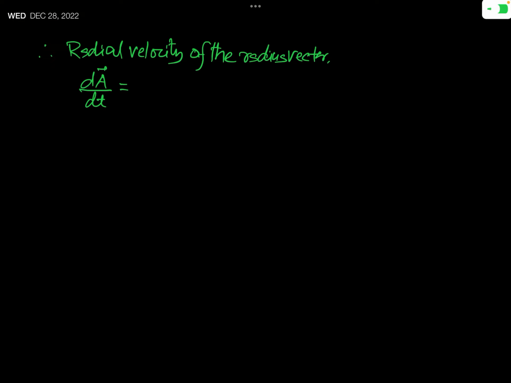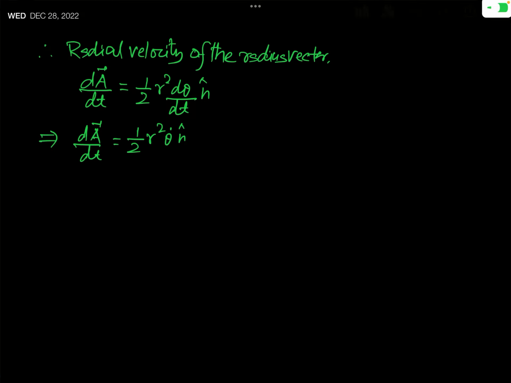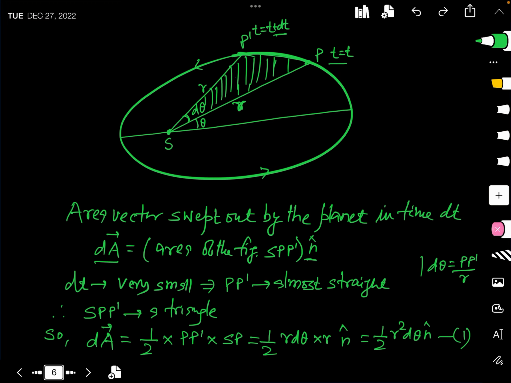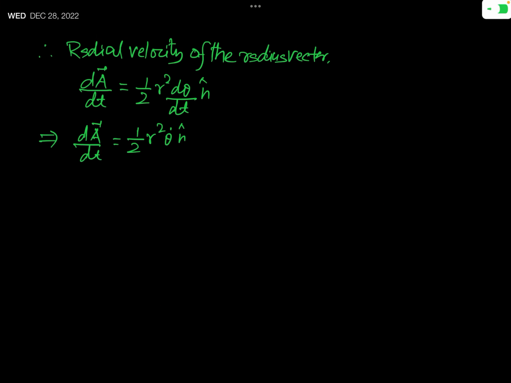And what will that be? That will be one over two r square d theta by dt times n hat. And this can be written as dA by dt equals one over two r square theta dot n hat. Let us say this is equation number 2.